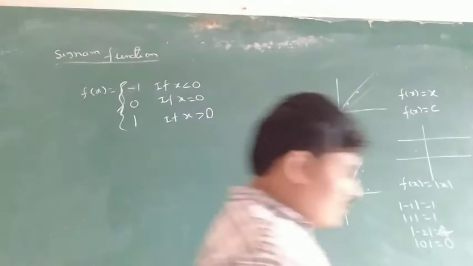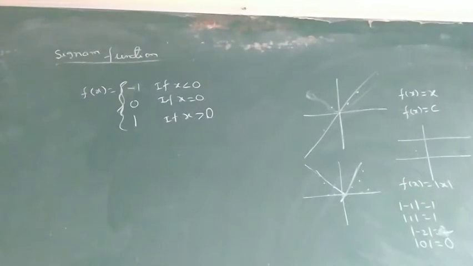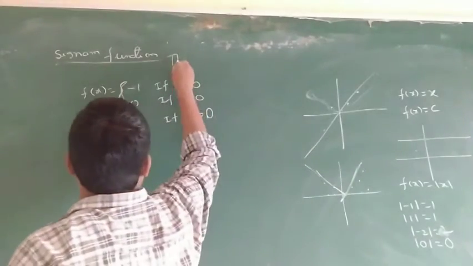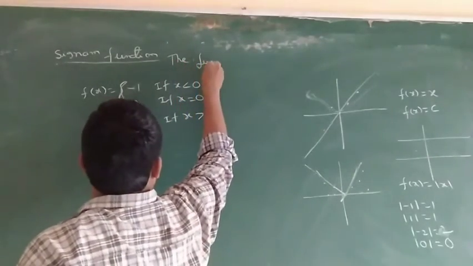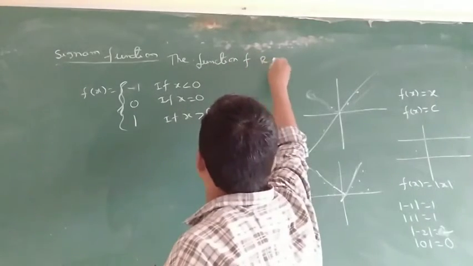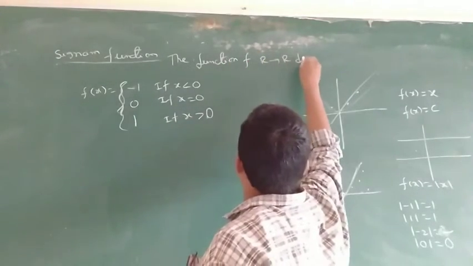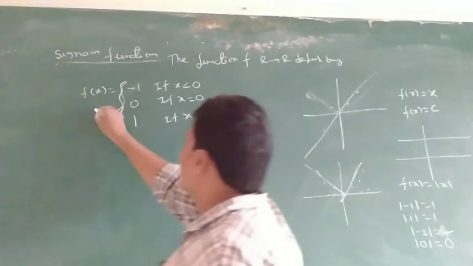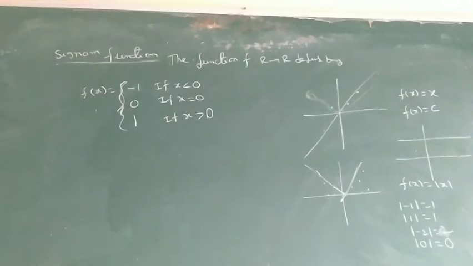Signum function: the function f from R to R defined by f of x equal to minus 1, 0, 1.